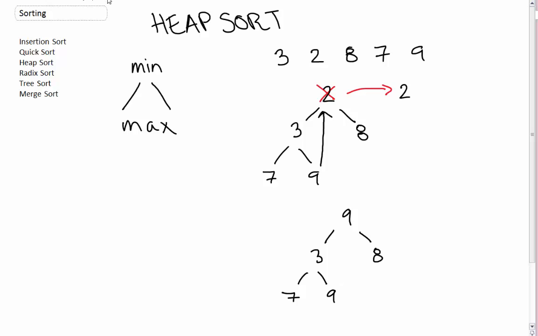Oops, we used 9 already. So that's our new heap. And obviously this doesn't work for a min heap because 9 is not our smallest number. So this will have to be reheapified.